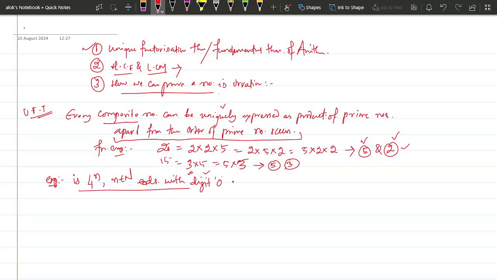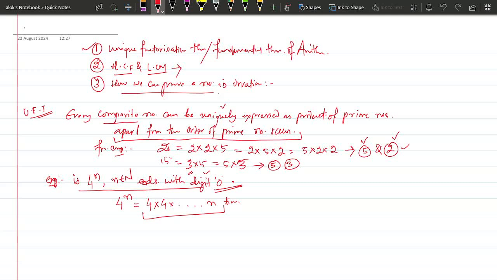When you express 4 to the power n, that is 4 into 4 into 4, n times, after multiplying these 4 n times, can we get a number which ends with digit 0?